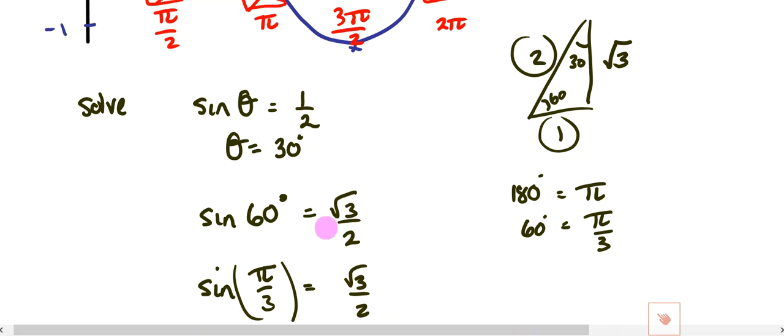Do sine of 60 degrees, pressing your degrees button, what do you get? You won't get root 3 over 2, you'll get a decimal. 0.866. Okay? Do root 3 over 2 for me, just to check.